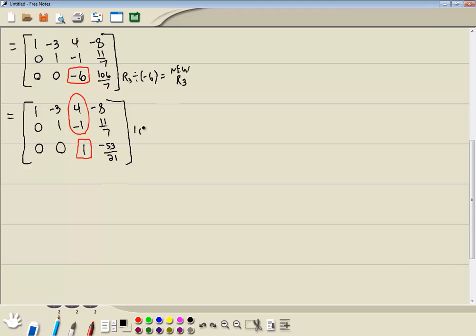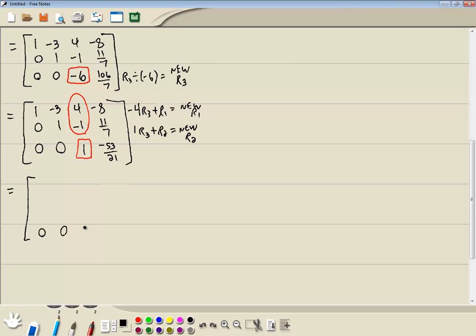So we'll take 1 times row 3 and add that to row 2, and that's going to give us our new row 2. Remember, it's always the opposite number. This is a -1, so it'll be a positive 1. This is a positive 4, so this is going to be -4 times row 3 plus row 1, which is going to give us our new row 1.